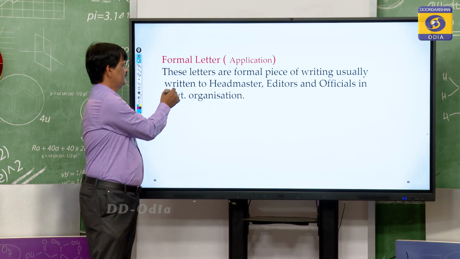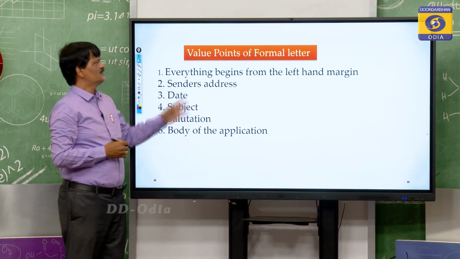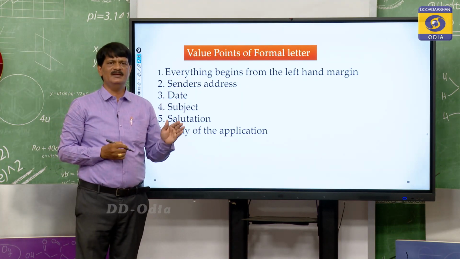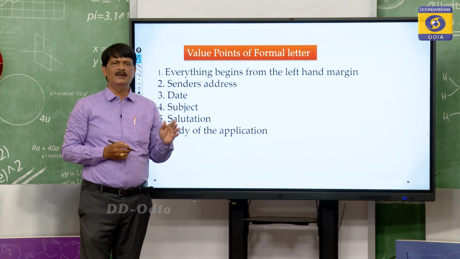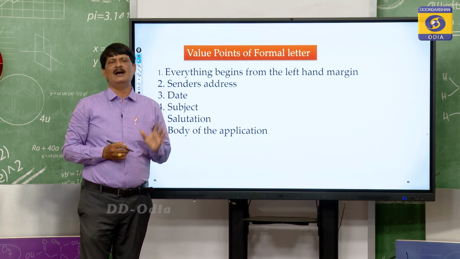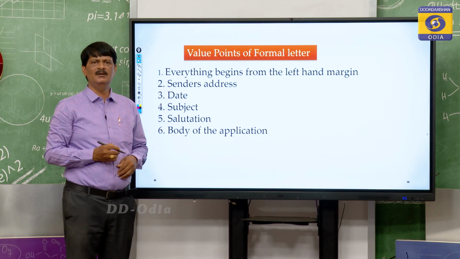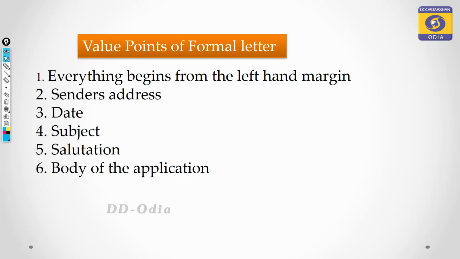I will discuss it. Then you see some value points, some important things we have to keep in mind before writing an application. First of all, everything should be written from the left hand side, and the sender's address will be there.